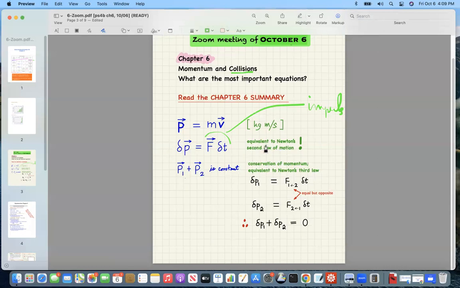This statement is in fact equivalent to Newton's second law. So we could say the change in momentum would be the mass times the change of velocity. Change of velocity is acceleration. Mass times acceleration is force. So, well, actually the change of velocity would be the acceleration times the time. So this equation is just a different way of writing Newton's second law of motion.